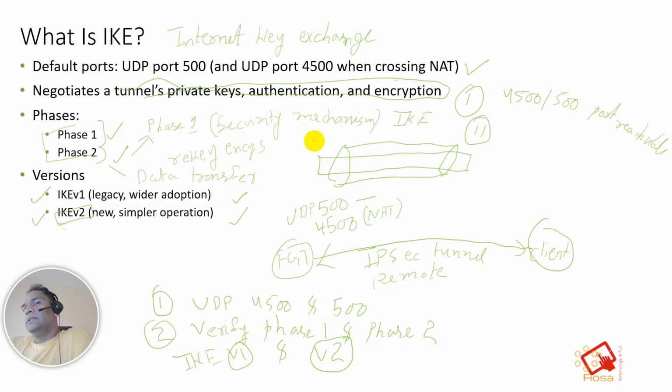So this is what IKE is, and it is important to establish an IPsec tunnel, be it a remote access tunnel or a site-to-site tunnel. In our case, we will be using it for the remote access VPN.